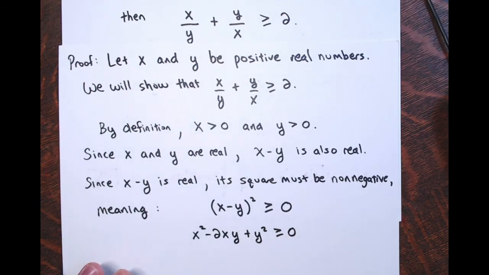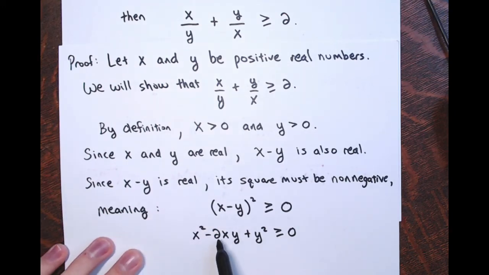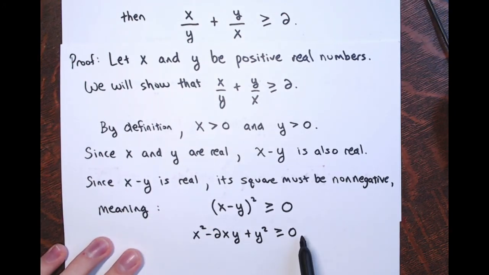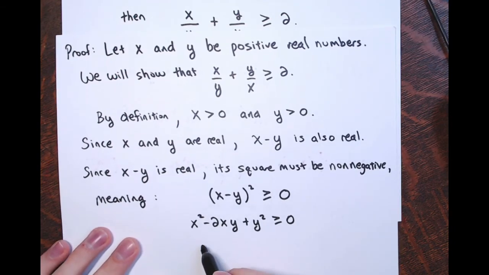This is legitimate algebra. You don't have to really explain that. Just write the next line, and don't skip more than one step. Then I can add 2xy to both sides, which doesn't change the inequality. So x squared plus y squared must be greater than or equal to 2xy.